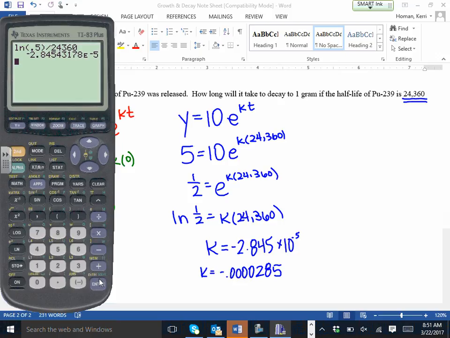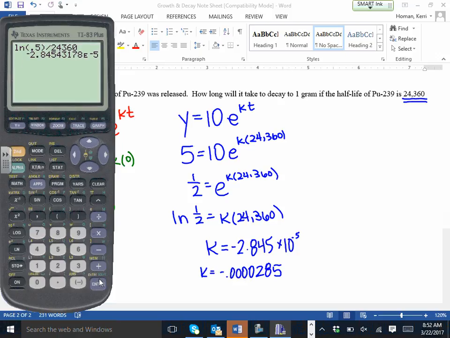So now we want to know, we have K and we have C. How long will it take to decay to 1 gram? Where are we putting 1 in for? Y. We already know C, we already know K. Those are constants, they stay. T is time, Y is an amount.